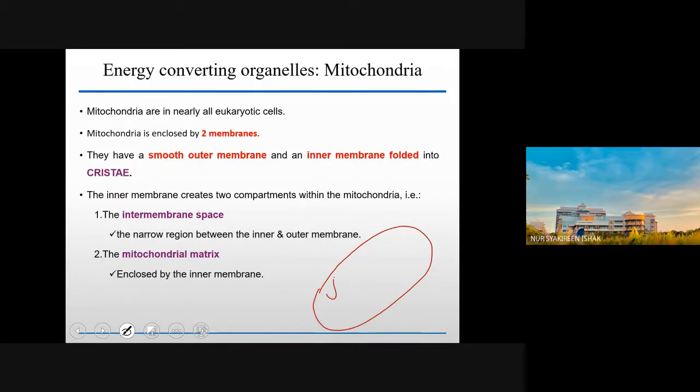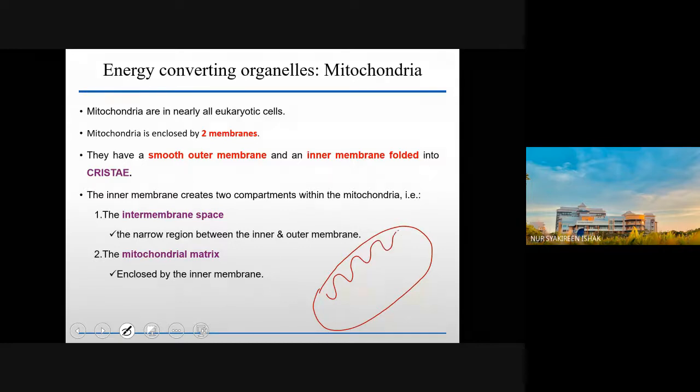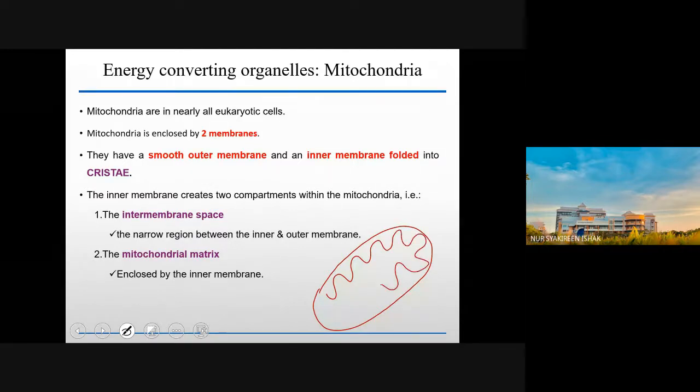And then the inner membrane, which forms the cristae, is highly folded. This is basically how you draw a mitochondrion.